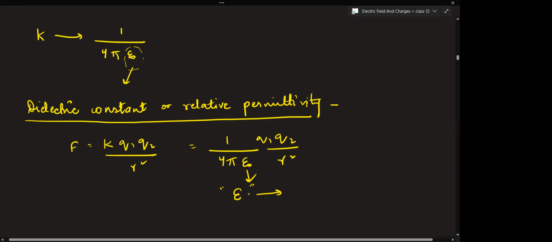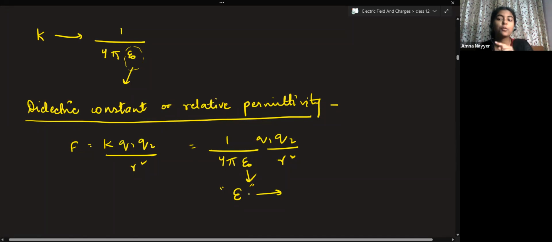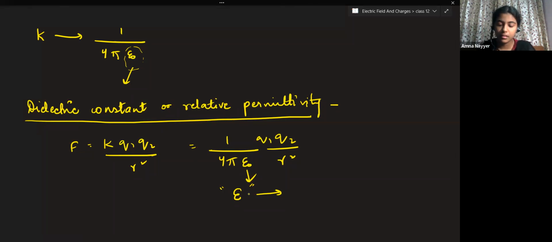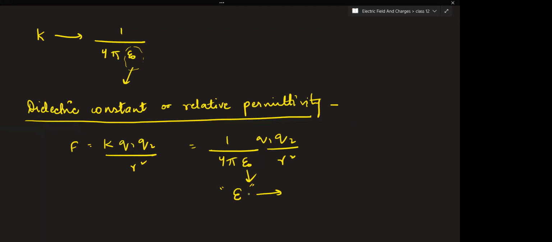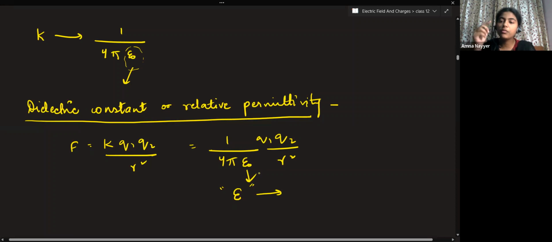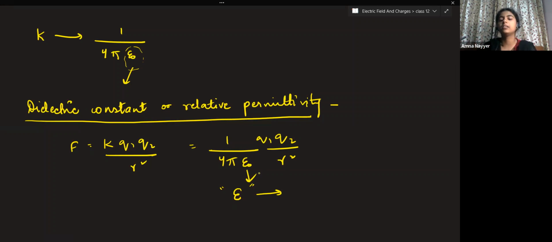K is 9 into 10 to the power 9, that is 1 by 4 pi epsilon naught, where epsilon naught is 8.85 into 10 to the power minus 12. When you put 1 by 4 into 3.14 into 8.85 into 10 to the power minus 12, you get 9 into 10 to the power 9. That is what we write for K.